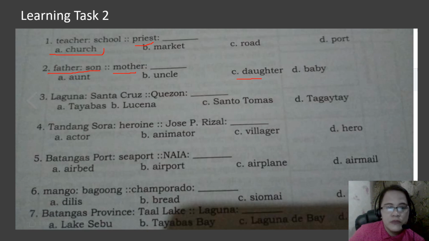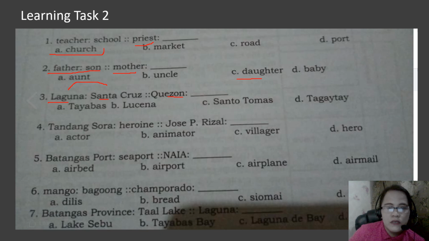Next, number 3, Laguna is to Santa Cruz. Quezon is to. Ano ba ang kaugnayan ng Laguna at Santa Cruz? Ang Laguna at ang Santa Cruz ay nasa isang province. Ang Santa Cruz ay nasa Laguna. So, ang Quezon ay isa ring probinsya.